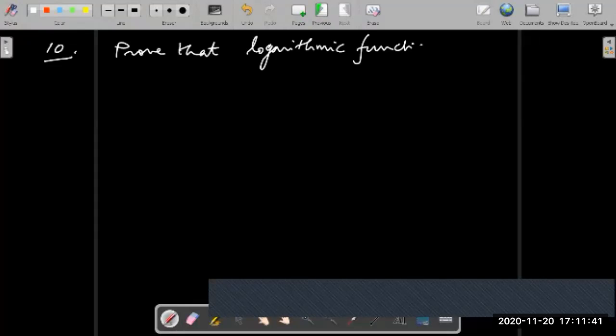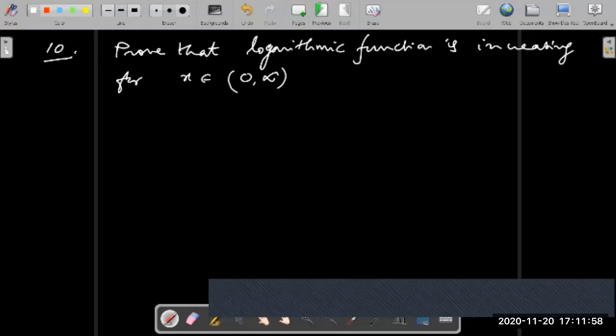So question number 10: prove that the logarithmic function is increasing for x belonging to 0 to infinity. So this is the question.